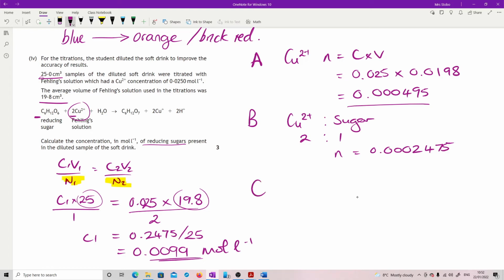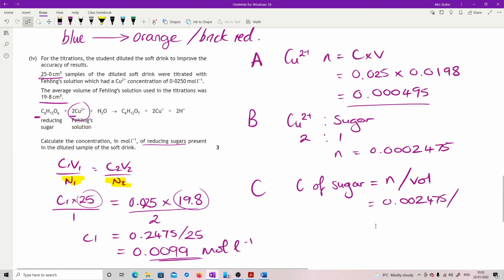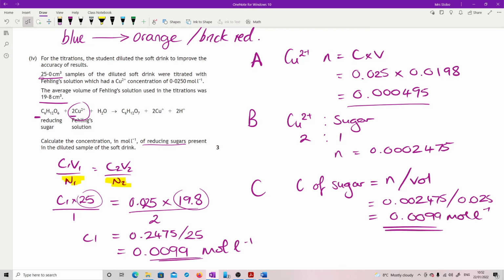This time, I'm looking for my concentration of my sugar, which is moles over volume. So 0.0002475 divided by volume at 0.025 gives me 0.0099 moles per litre. Okay, exactly the same answer, just running it different ways.